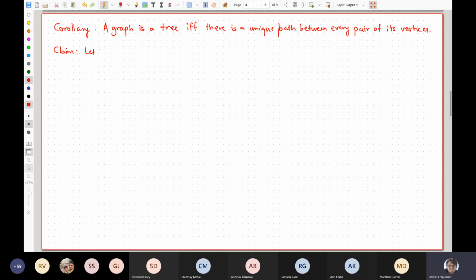Let me put it this way. Claim: let G = (V, E) be a tree, and let e be an edge in E. Then G prime, which is (V, E minus e), has exactly two connected components.